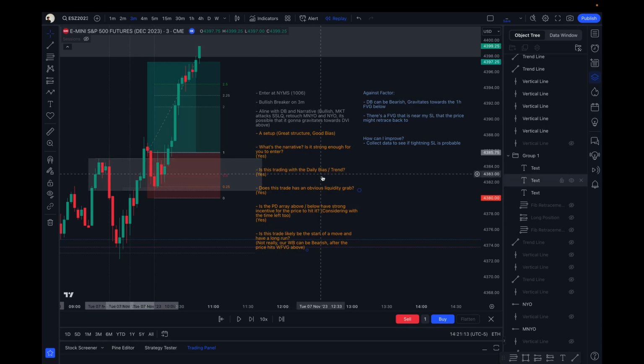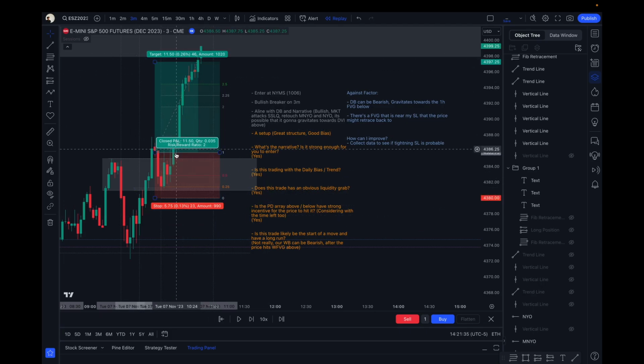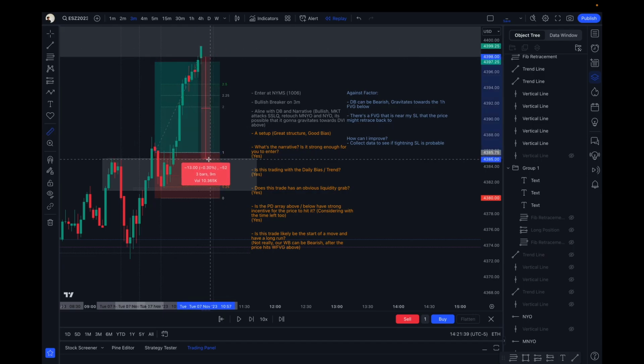It is trading with the daily bias and trend, and it does have an obvious liquidity grab right here. The PD array above has a strong incentive for the price to hit it. Considering the time left, yes, it does. We have around 54 minutes until 11 o'clock, which is lunch time of the New York session. So 1 hour is more than enough for it to go up to this level.